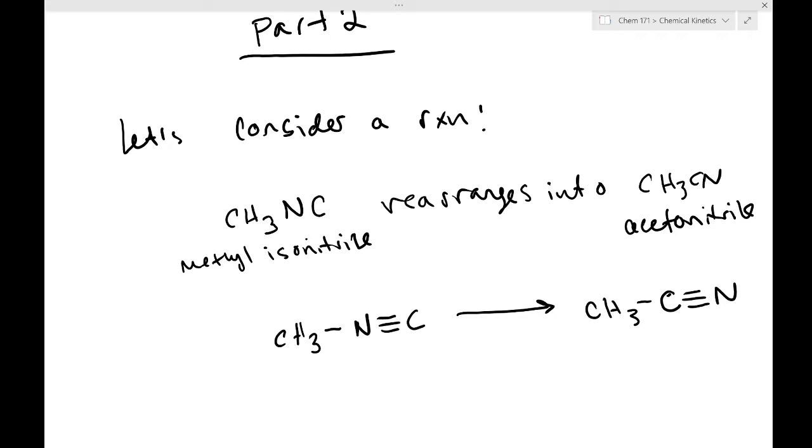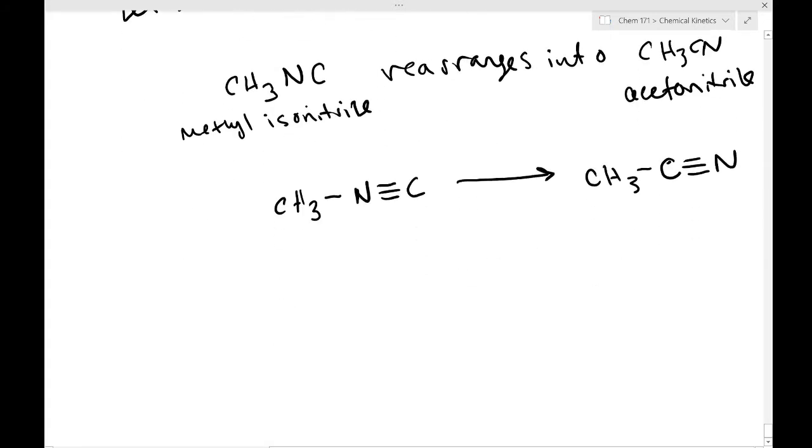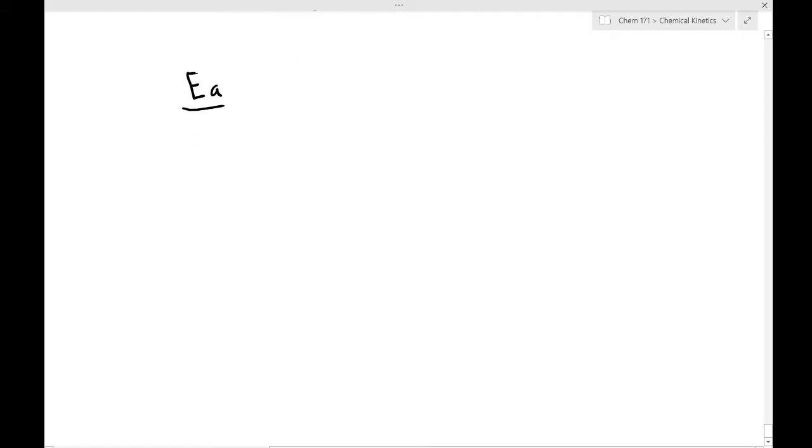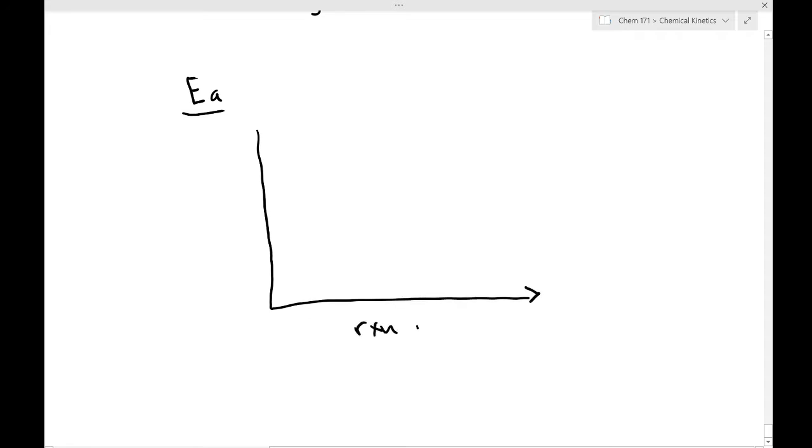Okay, let's look at the activation energy. So Ea, that's a kind of funny looking E, but it'll work. Okay, so let's look at Ea for this reaction. This is the reaction progress here, and this is energy.